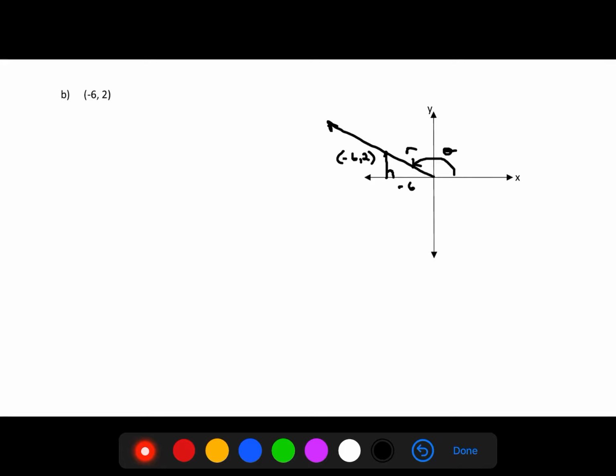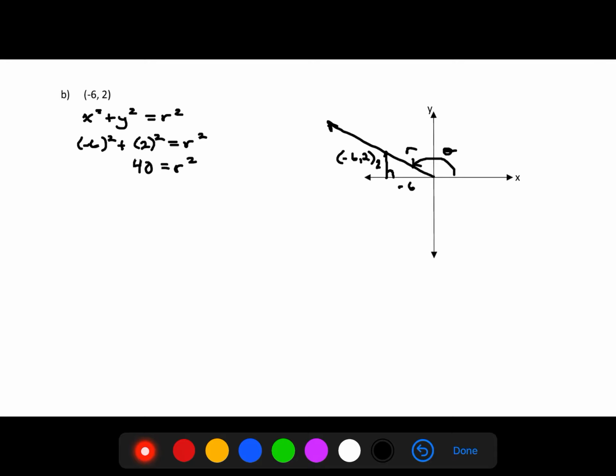So our x is negative 6, our y value is 2, so we're still going to use x squared plus y squared equals r squared, and we're going to sub in negative 6 squared plus 2 squared equals r squared. So we've got 36 plus 4, so r squared equals 40.